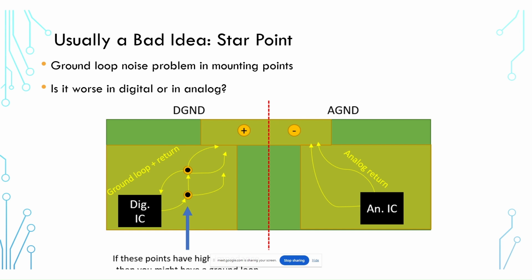Now, one thing that often comes up in these kinds of systems where we start adding mounting holes is ground loops, the ground loop noise problems with mounting points. I always like to ask, is it worse in digital or in analog systems? Well, I don't think it really matters. When we have a system where we might be attaching the system ground to an enclosure, there is the possibility of forming a ground loop.